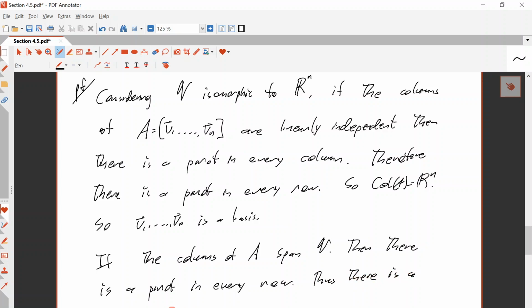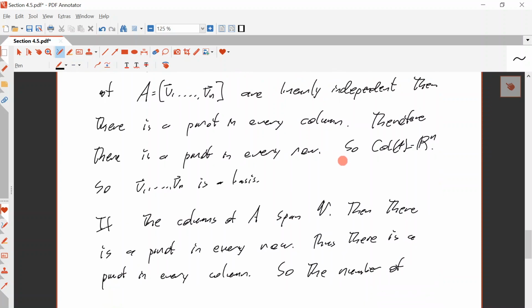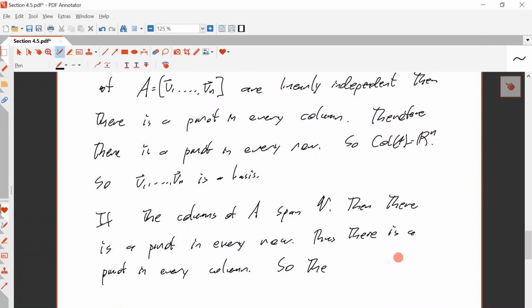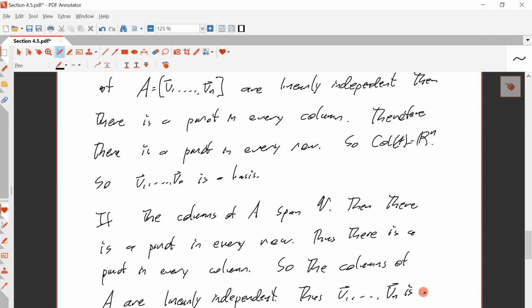Thus, there is a pivot in every column. So the columns of A are linearly independent. Thus, v1 to vn is a basis. And that's it.